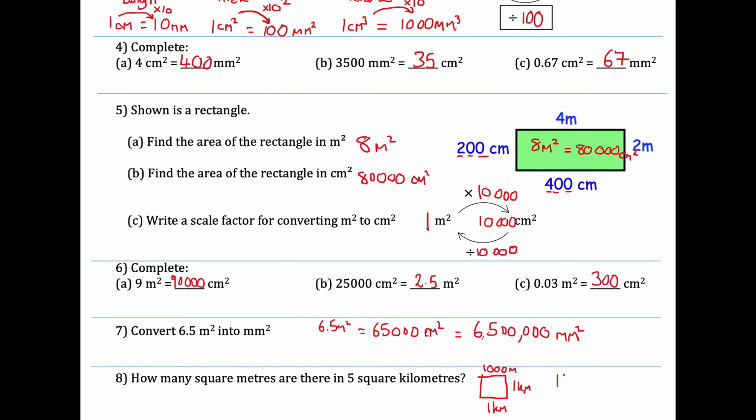So 1 square kilometre is equal to 1,000 times 1,000. So that would be 1 million square meters. So in 5 square kilometers, we've got 5 million square meters.